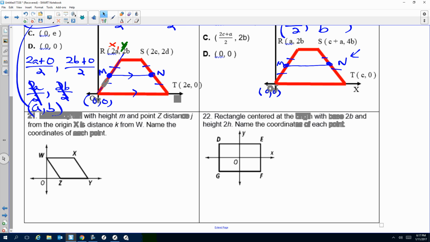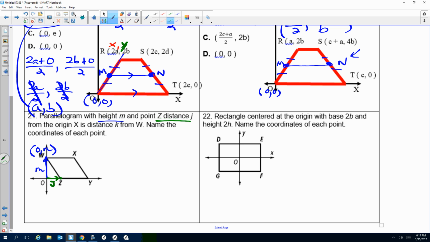And now we're going to have to find the actual coordinates using variables as lengths and heights and distances. So we have a parallelogram with the height of M. That means if I go straight up to this corner, that W right there, that height is M. And point Z is a distance of J. So to get to Z right here, that distance is what we're going to call J. So right now, I know my ordered pair for W is going to be 0, M. Okay, that was my height.